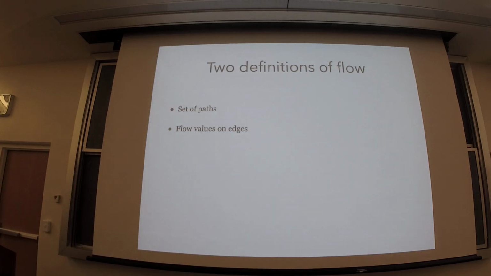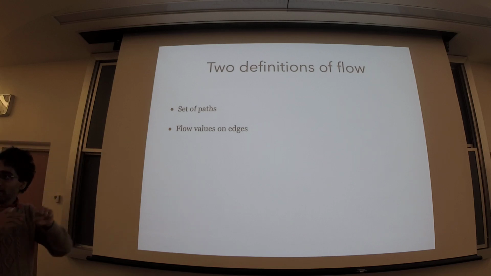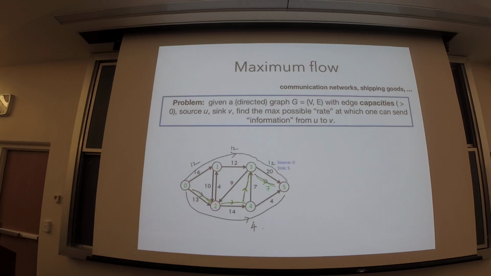Okay. Actually, there are 2 ways you can think of flows. And I think that's what she's getting at. The first is you can think of a flow from U to B as a collection of paths from U to B. That's what we did in this picture. The flow from 0 to 5: first I had this path which carried 12, then I had this path which carried 7, and then I had a path which did something like this, this was 4, this was 7.